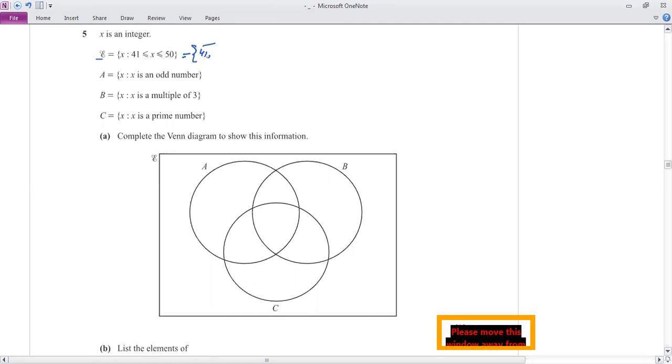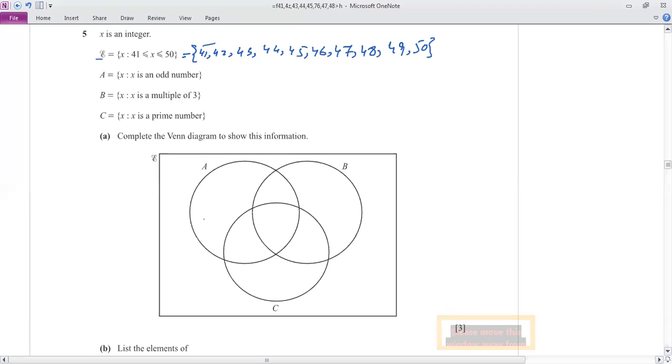It will be 41, 42, 43, 44, 45, 46, 47, 48, 49, and 50. Now, you know, in the Venn diagram, all other sets are always a subset of the given universal set. For example, this A, B, C must be taken from this universal set because this is their parent set.